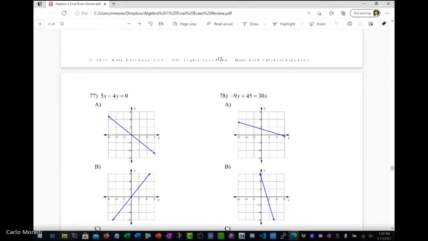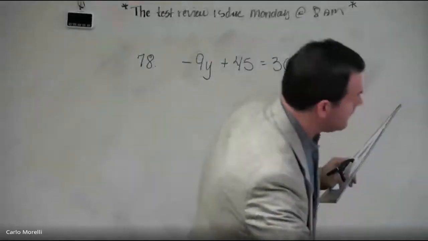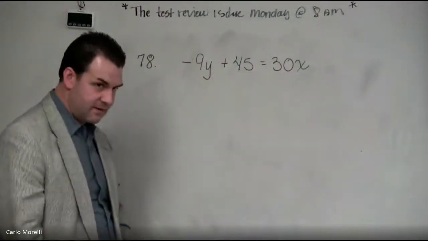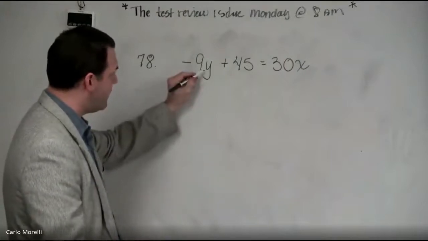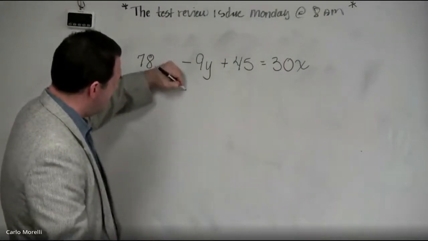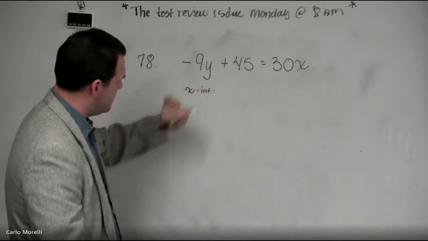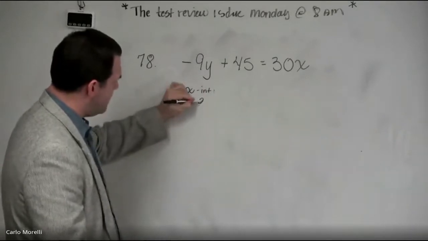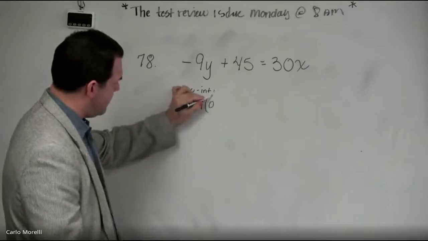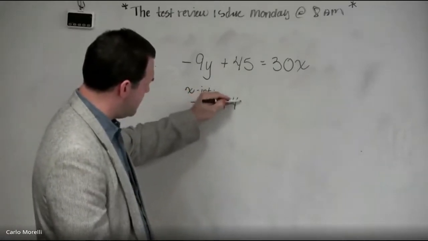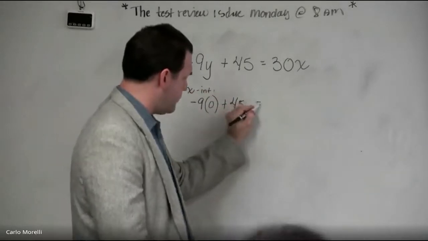Okay. So first, let's identify where it crosses the x-axis, which means we're going to replace that y with a 0. So we're finding our x-intercept here. We're going to write negative 9, open parentheses, 0, plus 45 equals 30x.